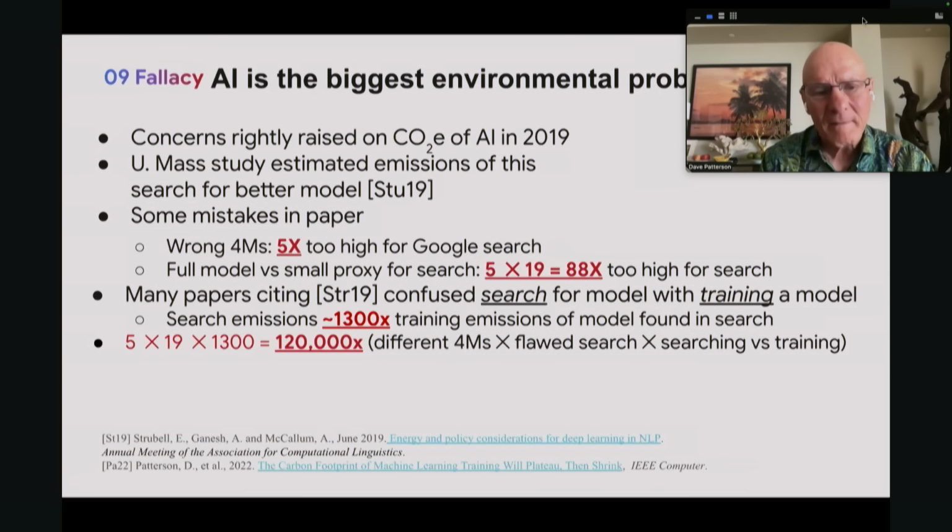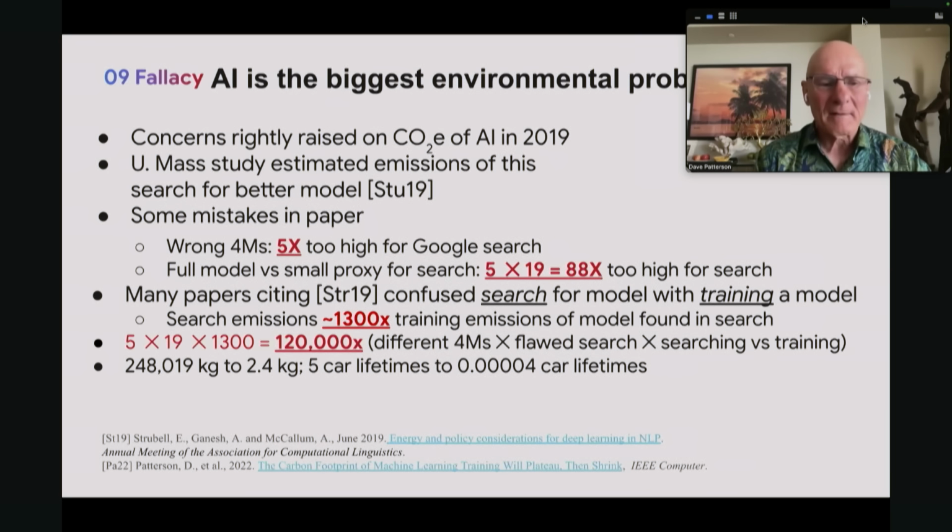Multiply those three factors together and you get 120,000. So the common perception was 120,000 times higher than what it really was for Google. That meant 250,000 kilograms, according to that miscalculation, was actually 2.5. So instead of 5 car lifetimes, it was a tiny sliver of a car lifetime.